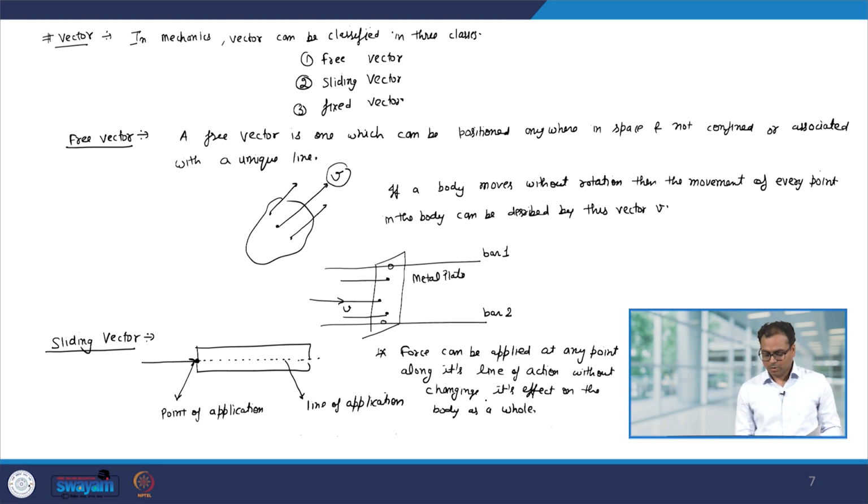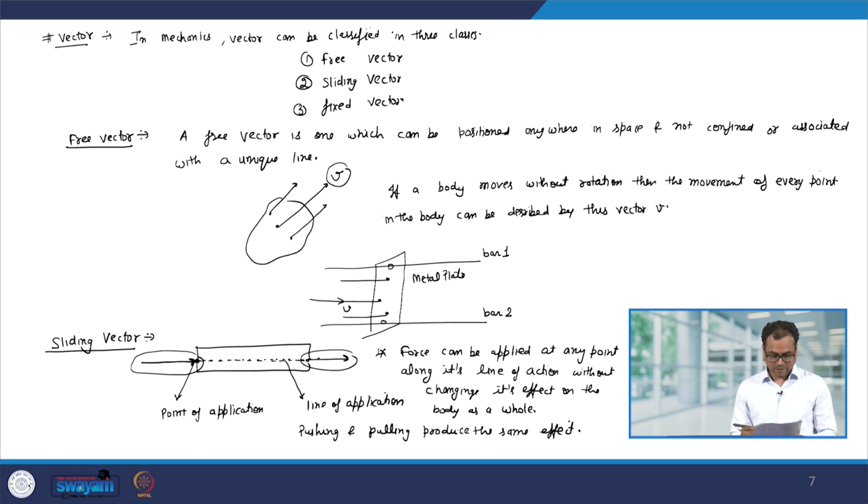So, this force that you are applying over here, in principle you can apply anywhere. What this means is that here you are pushing the body and here you are pulling the body, if you just translate this force to this point. So, pushing and pulling will produce the same effect.